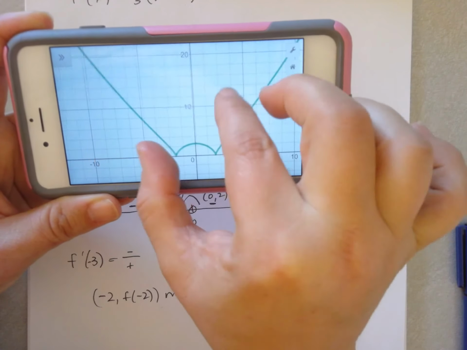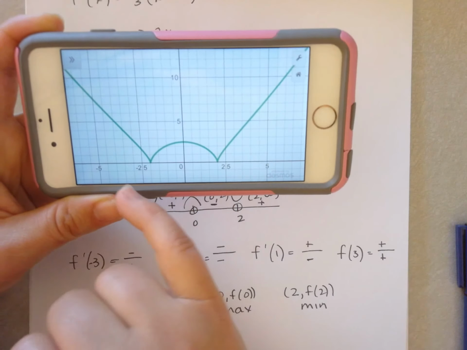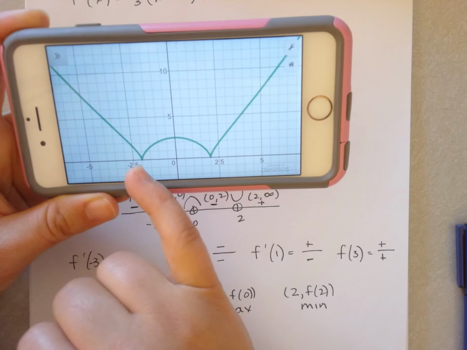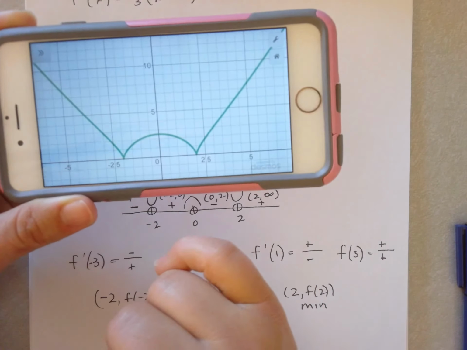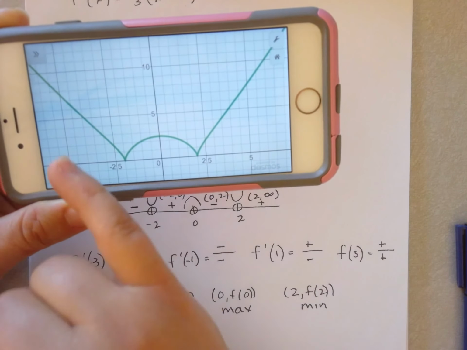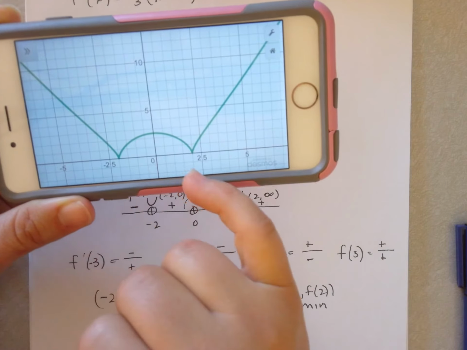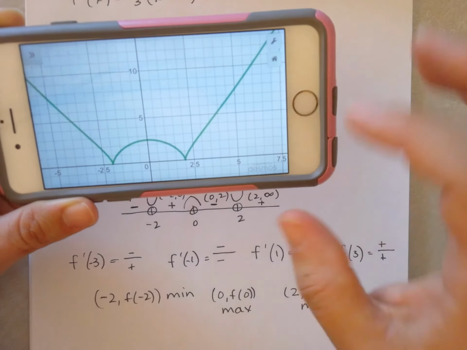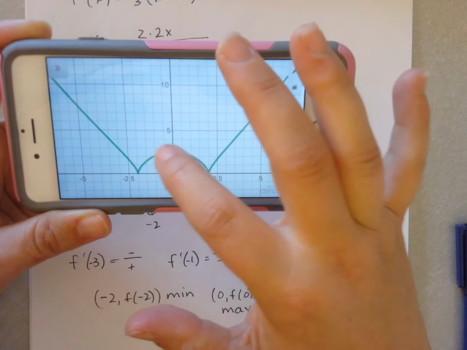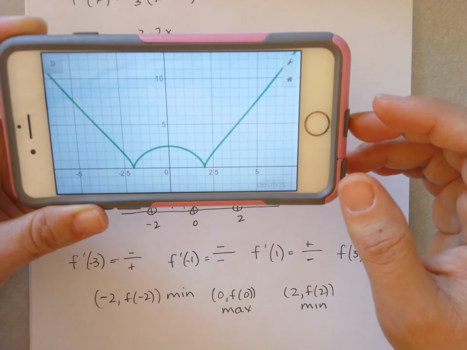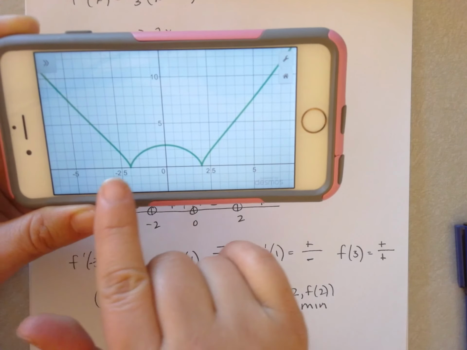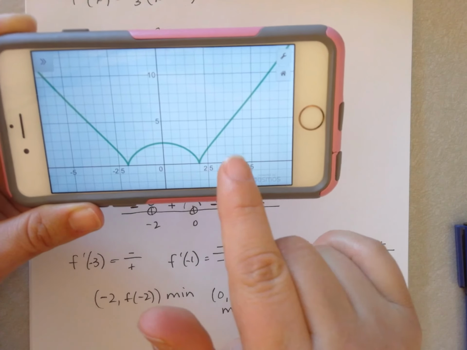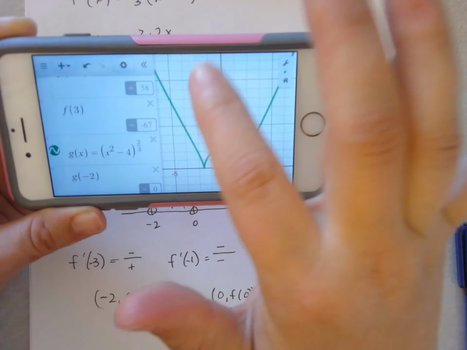Let me zoom in here a little bit. That there's my two minimum points. See, I come to sharp points. That's because my graph is continuous there, but the derivative doesn't exist. That's why I get these sharp points here. And they're both low points on my graph. And then I get this high point here at 0. I mean, it's not the highest point, but they're all relative extrema. So I get the two mins on the ends and the max, right? So very interesting looking graph.